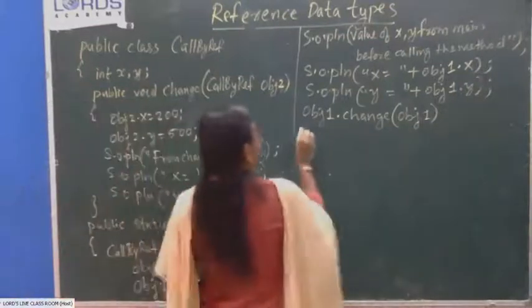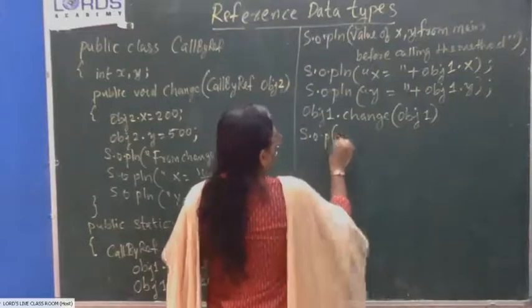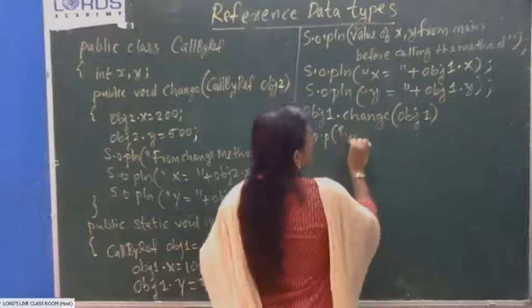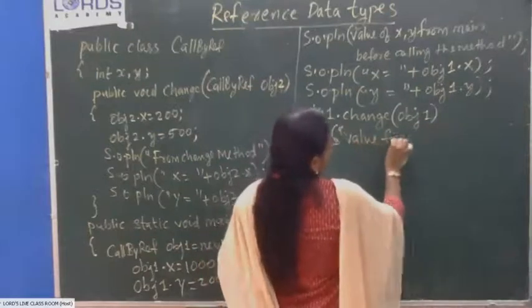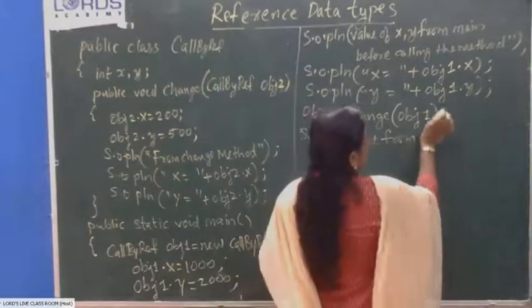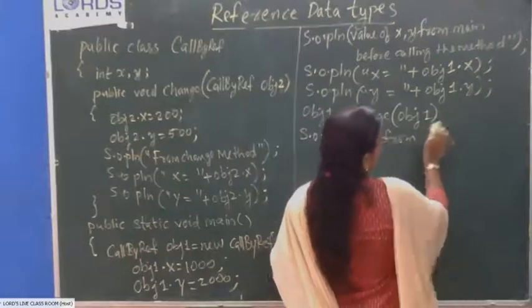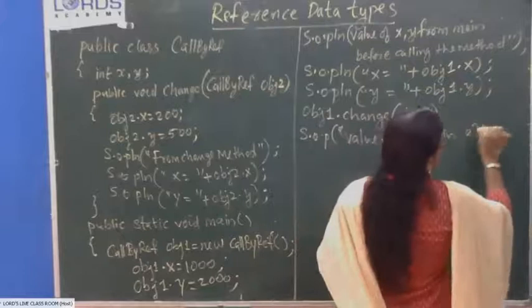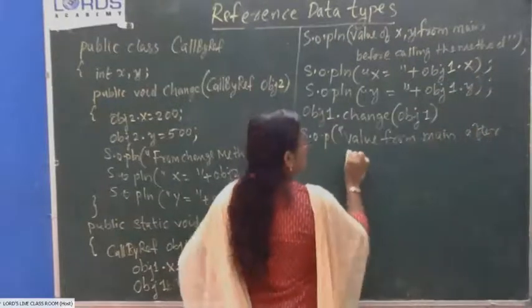Now System.out.println, value from main after invoking the method.